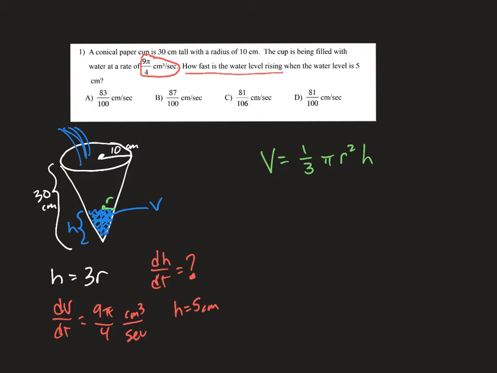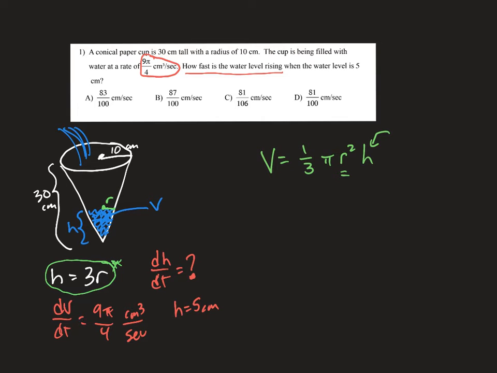And in particular, I don't have a lot of information about r. But what I do happen to know is that there is a relationship between h and r. And so I have a couple of choices. I can either replace h in this formula and just work with r, or I can replace the r squared by solving my equation down here for r.